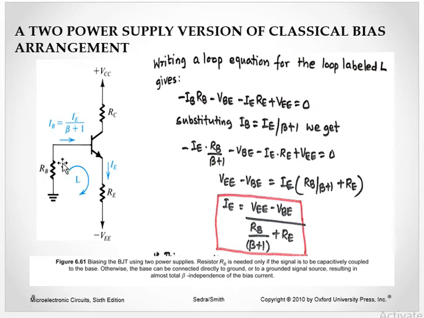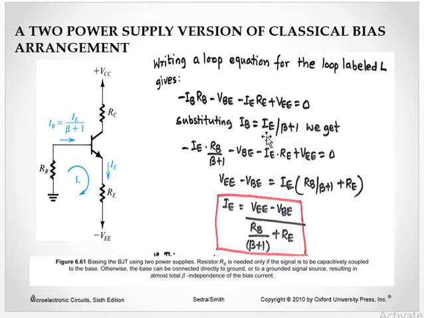Here you concentrate: drops are written as negative, and the voltage between the plus and minus terminals is VBE, so minus VBE. The plus end is grounded here, so VEE is written as plus VEE.